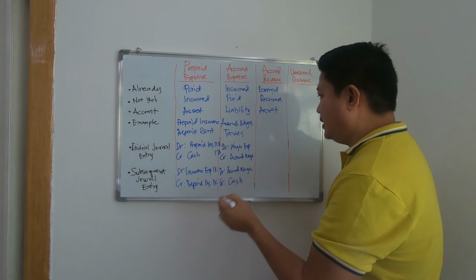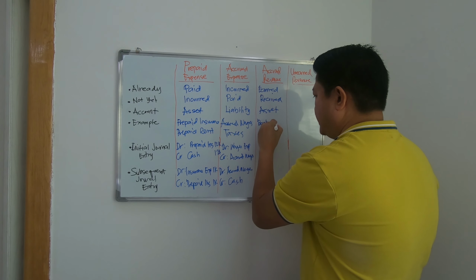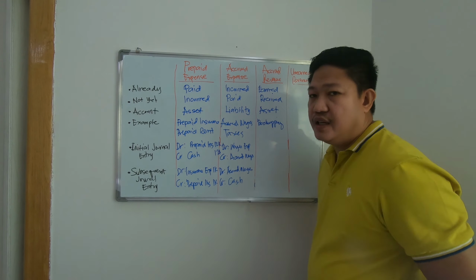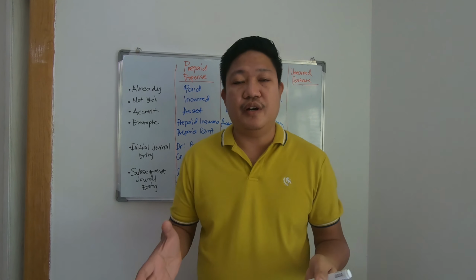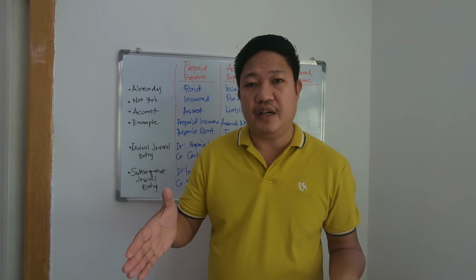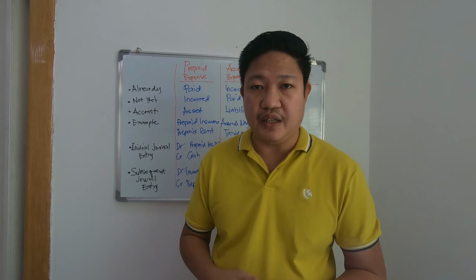For example, you're in a bookkeeping service company. Based on your contract with your customer, you have to bill them on the 10th day of the following month for the current month's services.